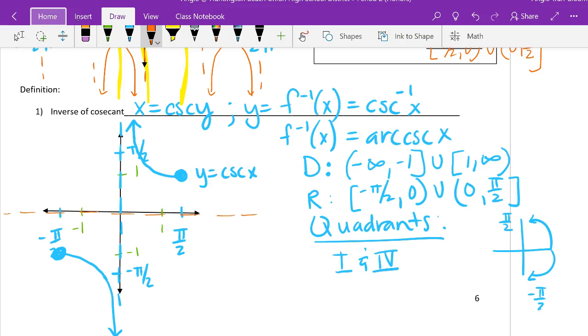Then now I need 2 dots. Give me 1 dot. 1, pi over 2. I have 1 dot. How do you know where this is going? That's right. Okay. What's my second dot?